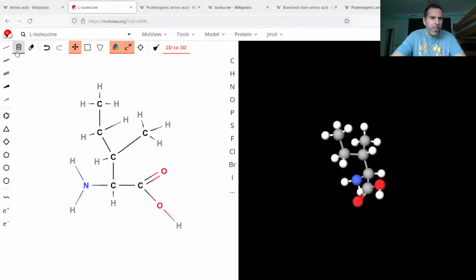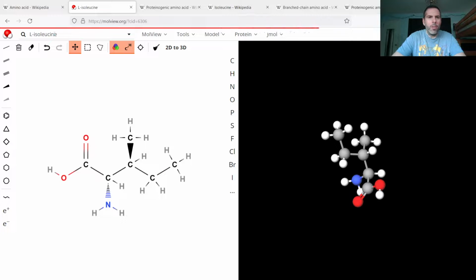And if I were to delete this bond here, which I'll have to put the hydrogen back, and delete this bond here, now if I were to swap them, that is the change that gives you leucine. So you can see that we didn't lose any atoms, we just rearranged them, so it's a structural isomer.